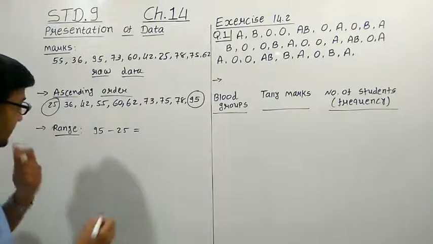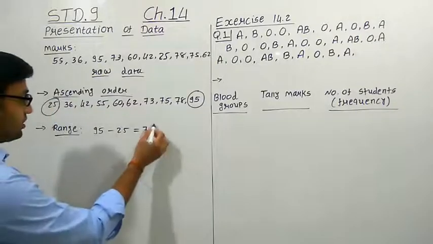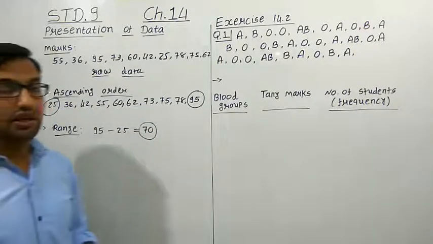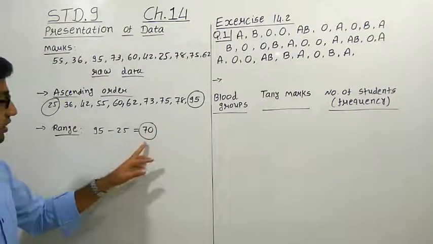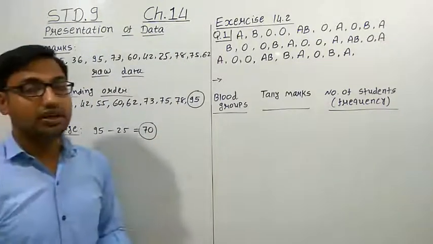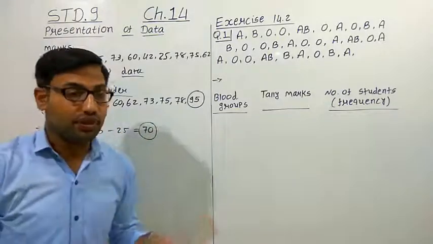The subtraction we get here is 70. So the range of this data is 70. That means all this data has a range of 70. It starts from 25 and ends at 95. That is called the range, right?